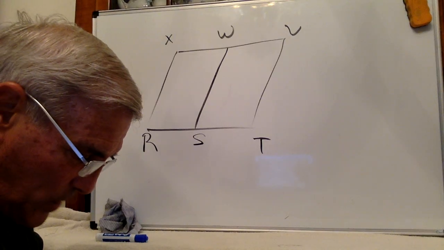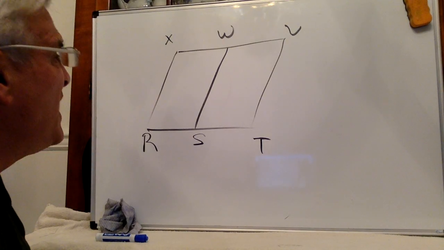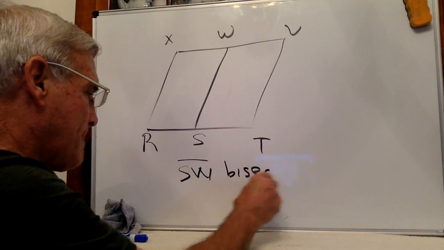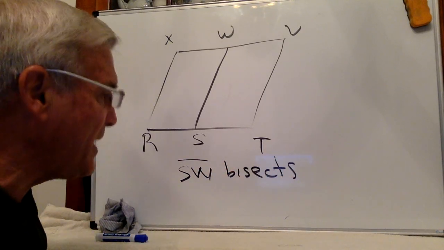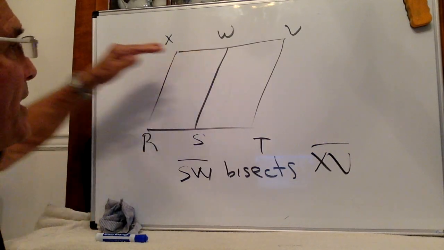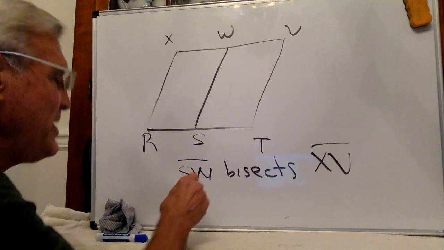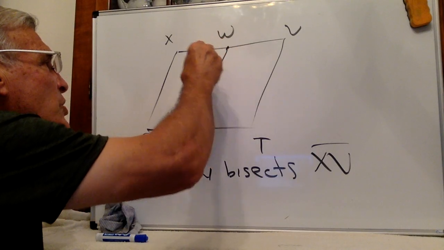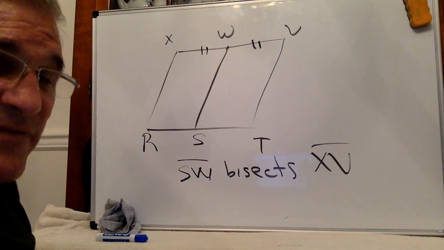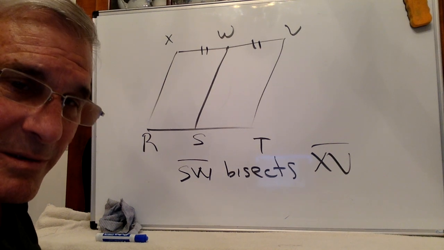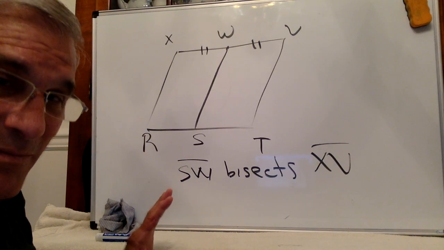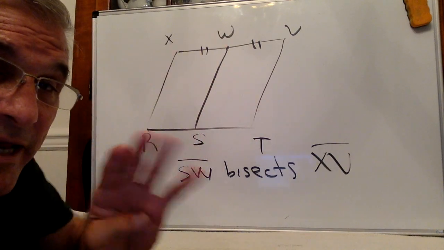They told you that SW bisects XV. That means that at W, you're cutting XV into two equal parts. I know nothing else about this figure. I don't know what kind of figure it is other than it has 4 sides.